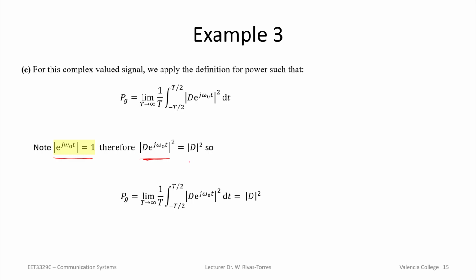So I'm left with a constant, which means that the power is nothing but the magnitude of D squared, which is the final result here, right? And we put it as an absolute value just to stay general in case D is a complex number.